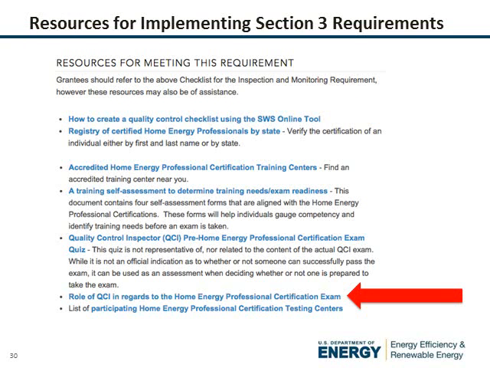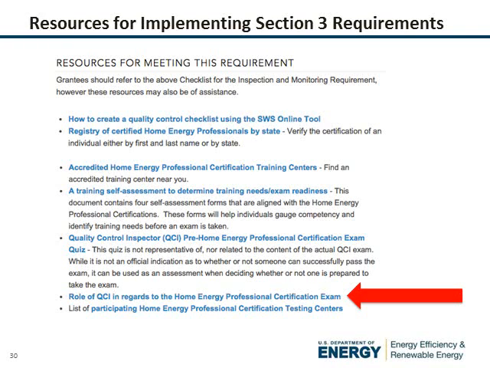Again, this slide is pointing out where on the energy.gov site you can find resources related to implementing the inspection and monitoring requirement. You'll note a big red arrow on this slide. It's there because it's important that folks who are sending individuals to sit for the certification exam for quality control inspector look at the document that arrow is pointing to.